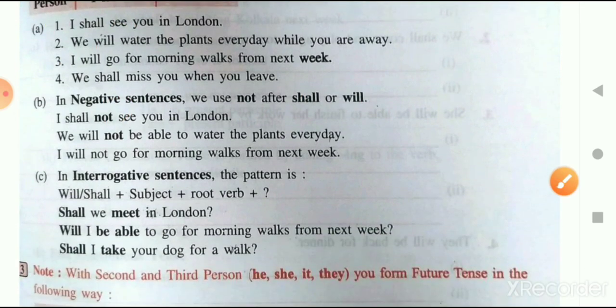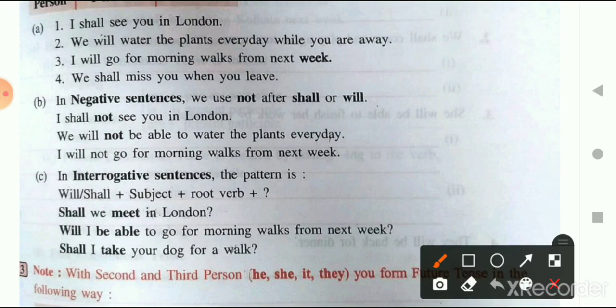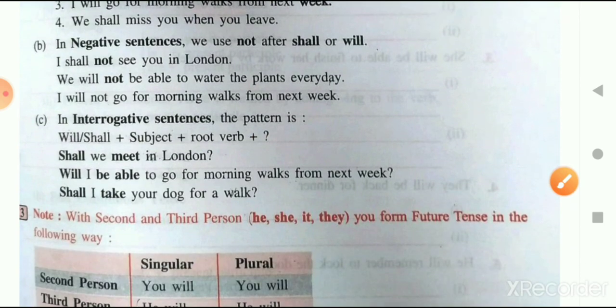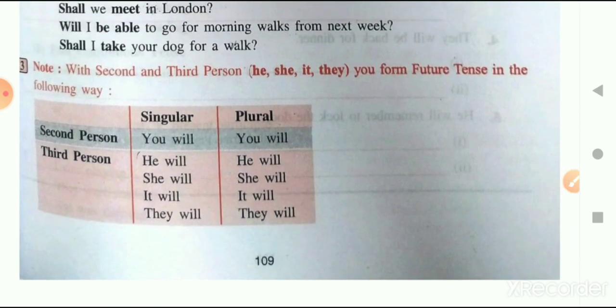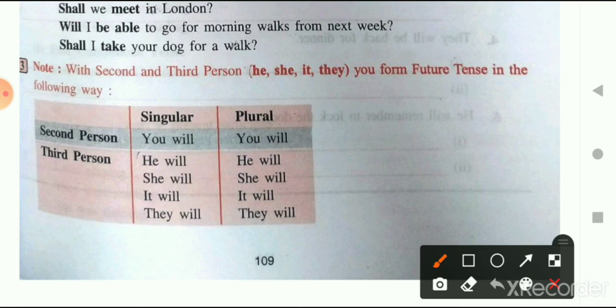Now for an interrogative sentence, we use either will or shall according to the subject, and then the root verb, and at the end we use a question mark. Root verb means the first form of the verb. Okay, with second and third person, in the above part we have only discussed the first person.